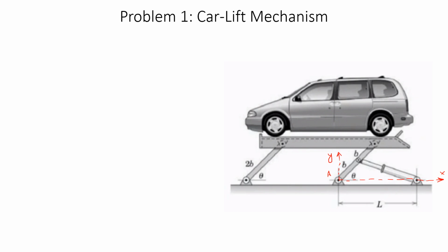Now this point A is already known. The other points are going to be point B over here, point C where the linear actuator, the hydraulic actuator, is connected with the lifting platform, and then you have another point right over here which is defined as point D. So these are the important points to be considered.